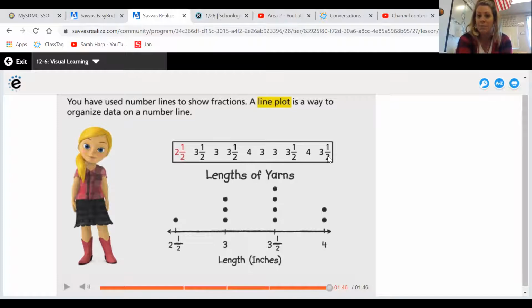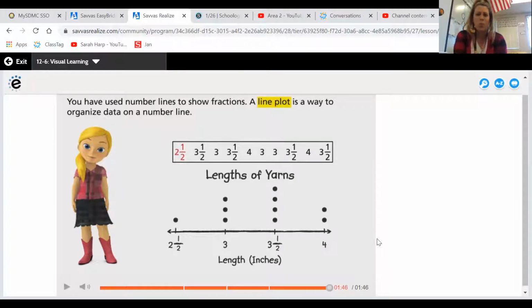They measured 10 pieces of yarn. So on the line plot, they must, and you must have that same number. So they have to have 10 dots to represent those 10 measurements. Let's make sure. 1, 2, 3, 4, 5, 6, 7, 8, 9, 10.